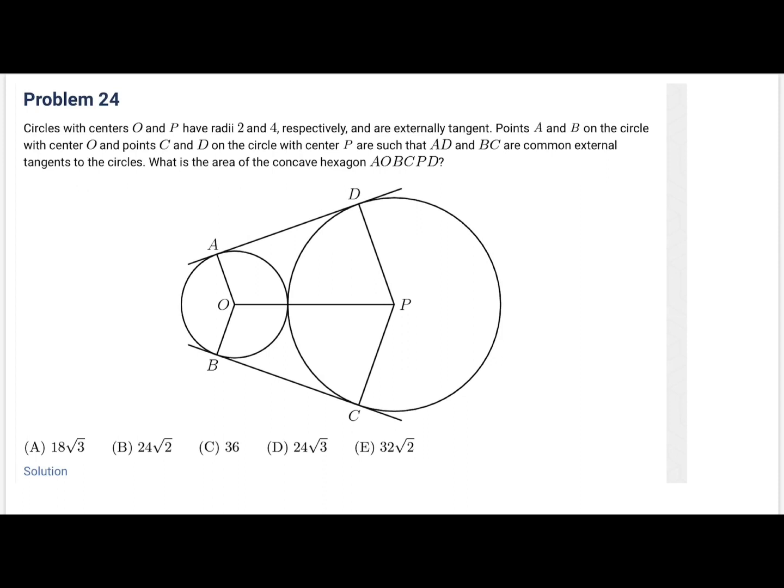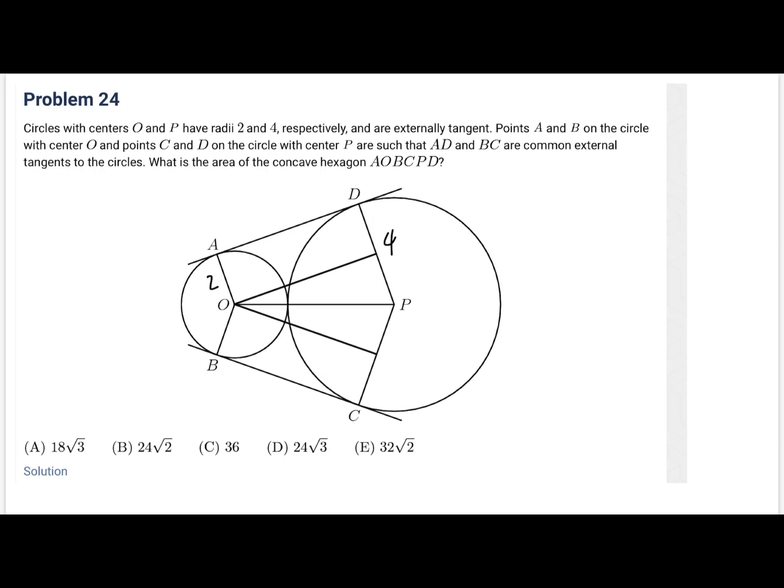So for this one, they have radii 2 and 4. And they're externally tangent. So let's try to connect these here. Connect like this. Straight line. And then here too.